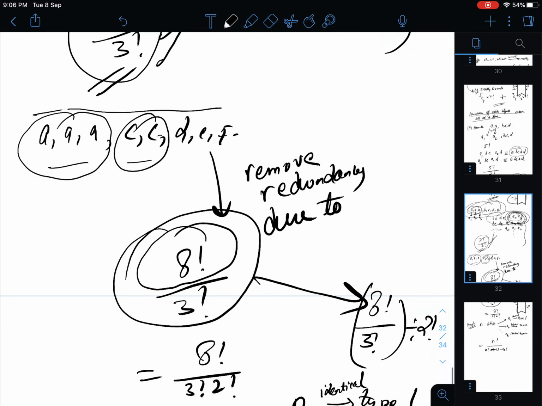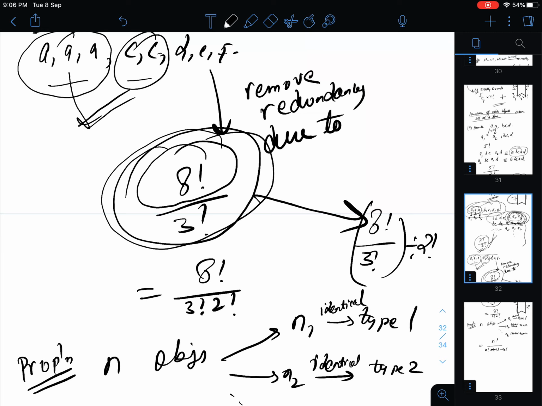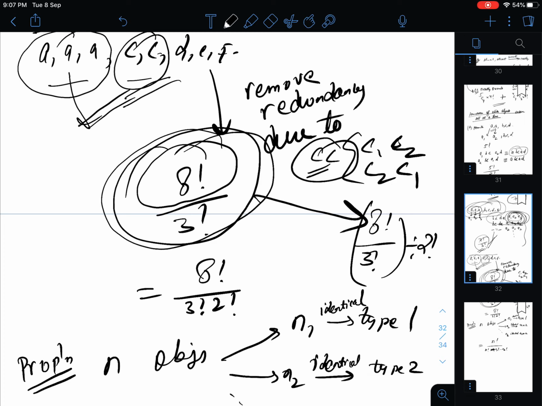Similarly, here we have 8 letters. First we remove the excess permutations due to the 3 A's, so we divide by 3 factorial. Now in these 8 factorial by 3 factorial permutations, we still have the excess permutations due to the 2 identical C's. We are still counting C1 C2 and C2 C1, but these are actually the same case from the point of view of 2 identical C's.